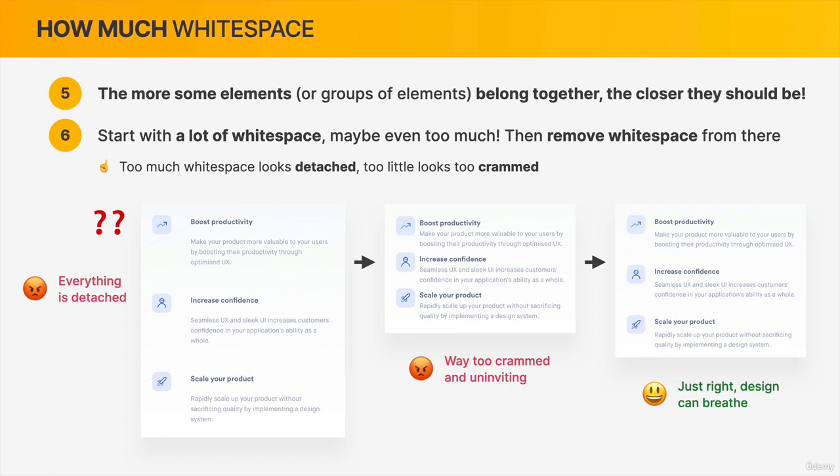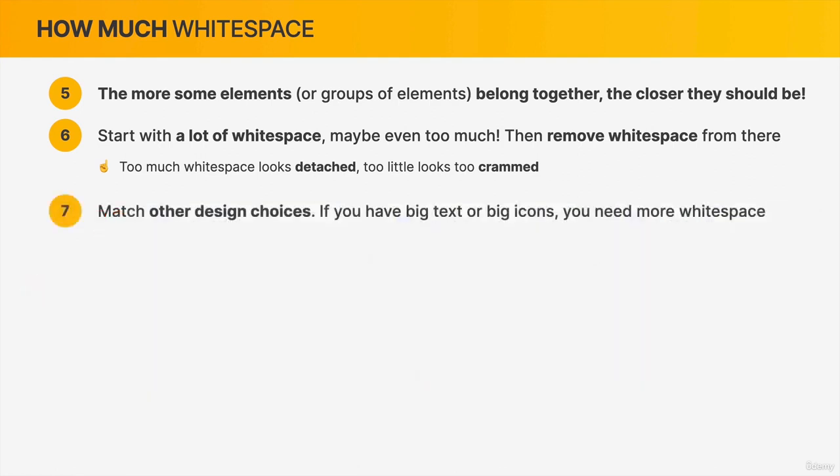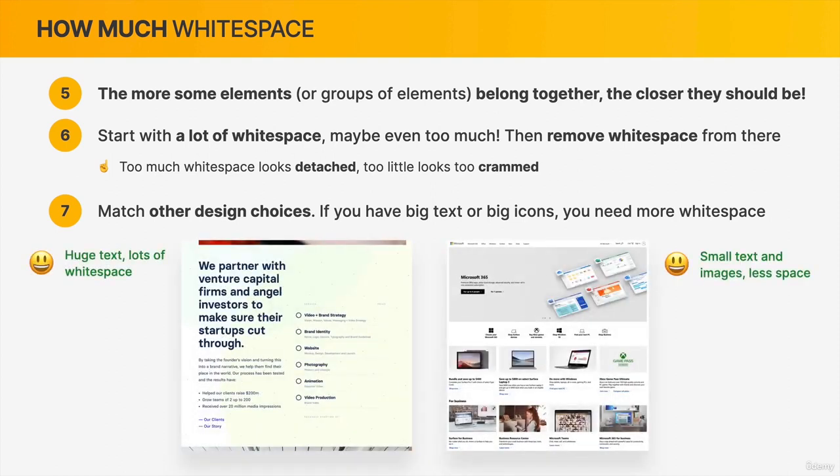And next, another guideline that might help you choose just the right amount of white space for your design is that you should try to match all the other design choices when it comes to white space. So for example, if you have big text or big icons, then you will need more white space. Just like in this first example, here the text is huge, and so we see there is a lot of blank space on this page, and also between the groups of elements, there is quite some white space.